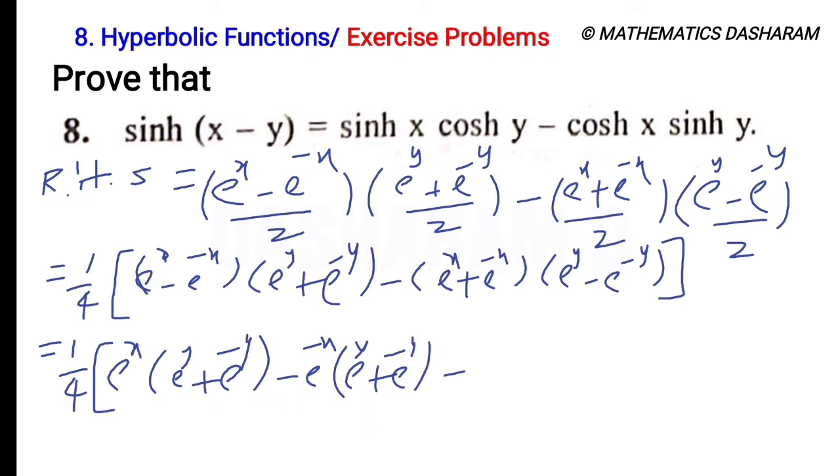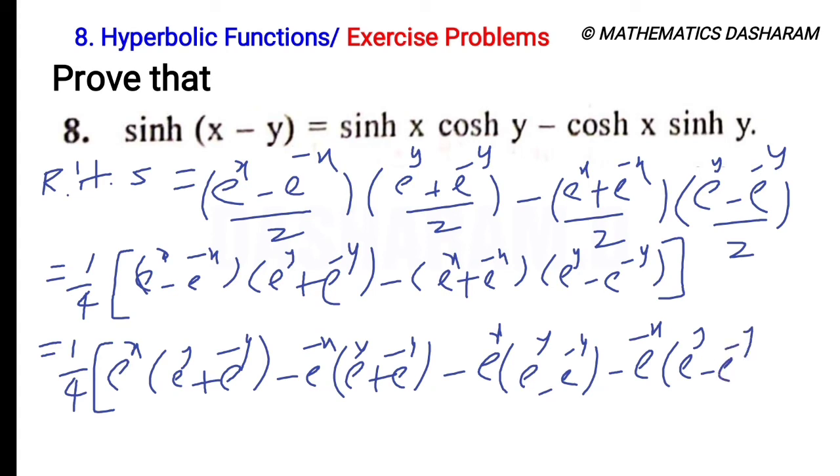Next to minus, here e to the power of x into e to the power of y minus e to the power of minus y. Next to, here minus into plus minus, so e to the power of minus x into e to the power of y minus e to the power of minus y.